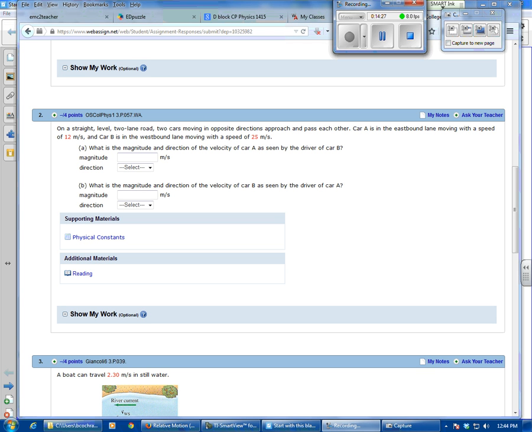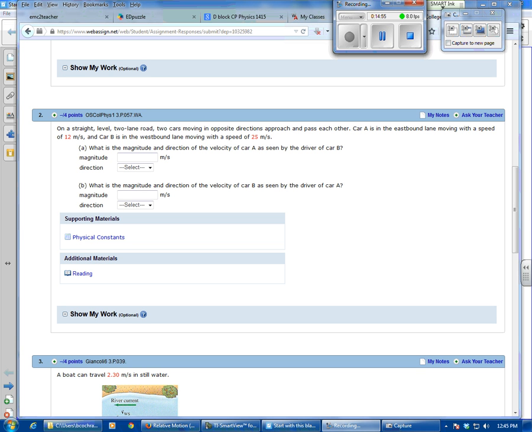And they're asking us to consider the velocities from 2 of these different frames of reference. We have the frame of reference of the ground, we have the frame of reference of each of the cars. So what I would do is draw 3 separate diagrams, one from each frame of reference.